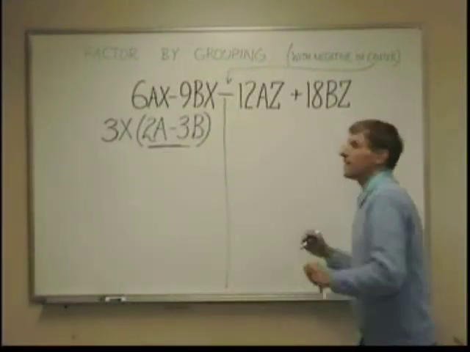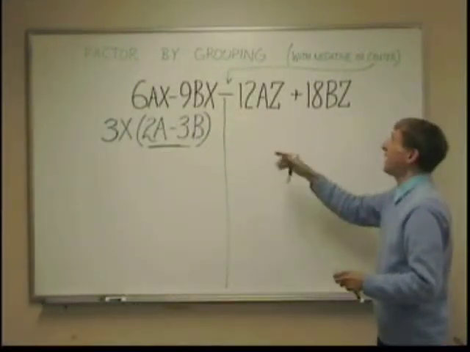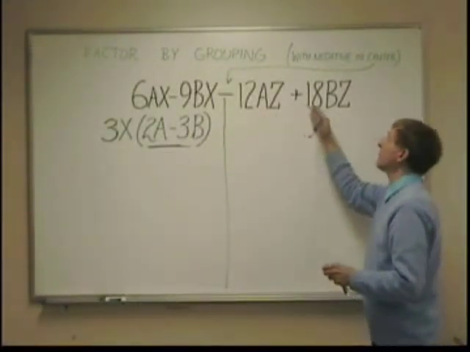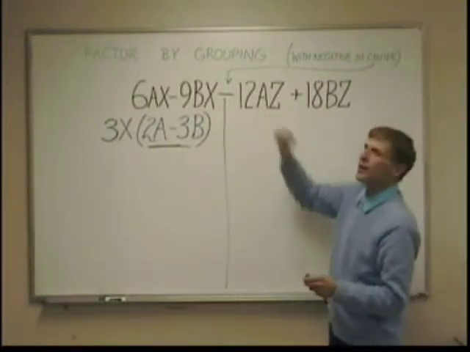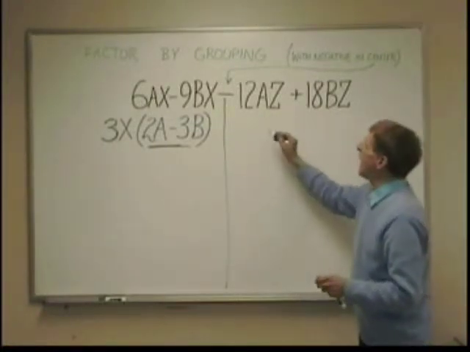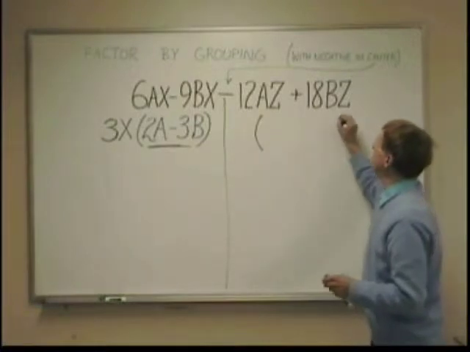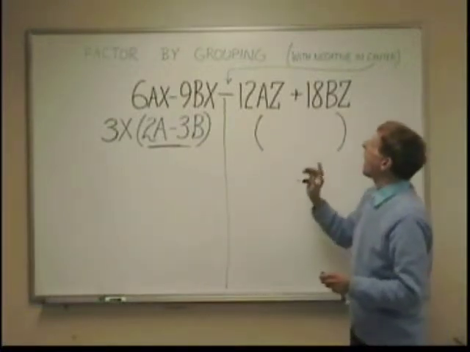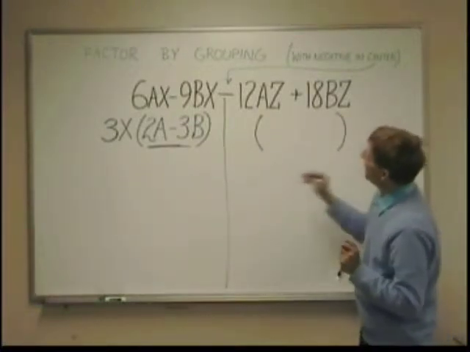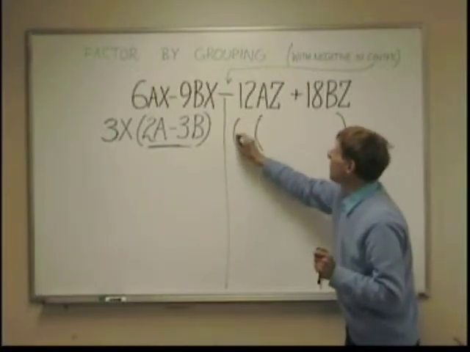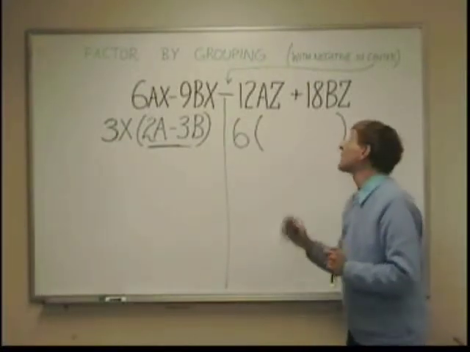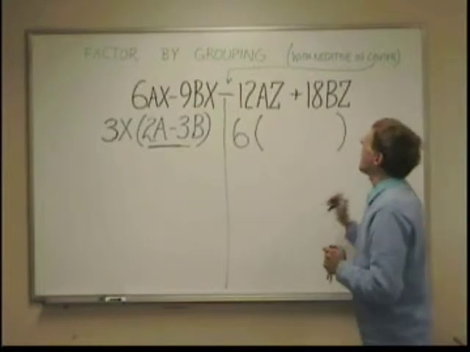Now let me come to this side over here, and I have 12az plus 18bz. I'm not going to look at that sign for now. And what I do is, I will pull out the common factor, which 6 is the number that goes into both 12 and 18.